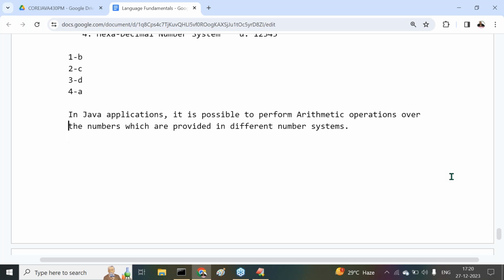Try to understand the point I'm telling you.